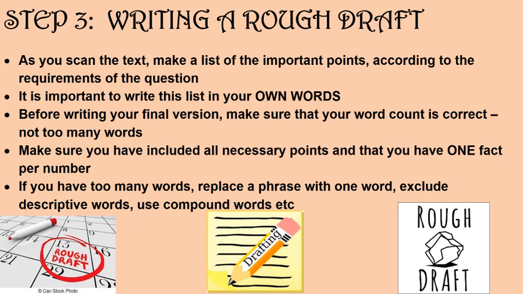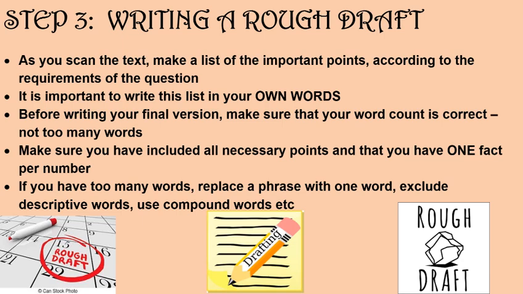Right, also make sure that you have included all the necessary points and it's one fact per line. So in other words, number 1 is one fact, number 2 is another fact. If you have 2 facts in one line at one number, only the first one is marked, whether it's correct or not. So please, rather number from 1, 2, 3, 4, 5, 6, 7, or 8 or 9, still within the word count to make sure that you do not exceed, that you don't go over the word count.